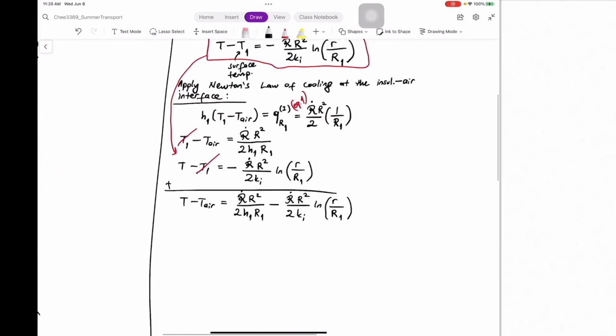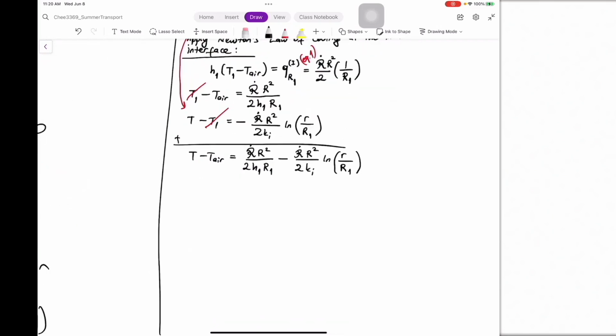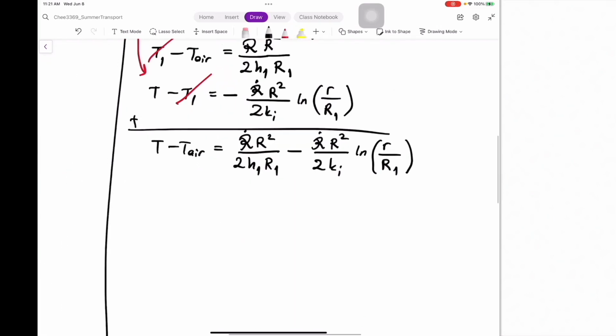Okay, so I need to write down the boundary, sorry, I need to relate T of the insulator to T of the wire.